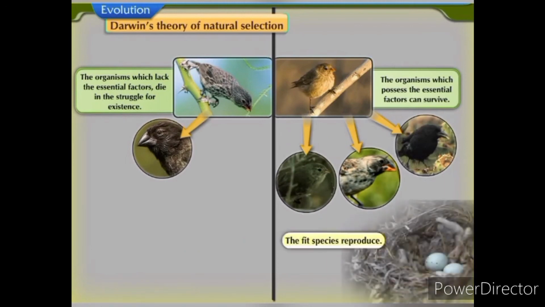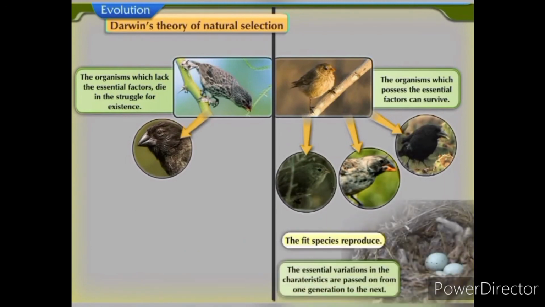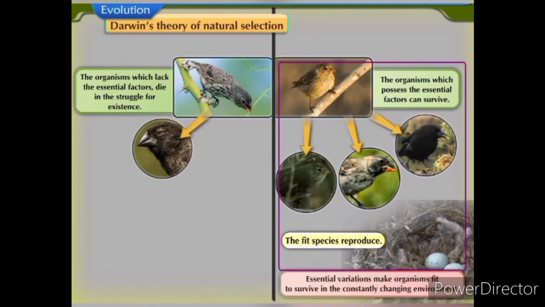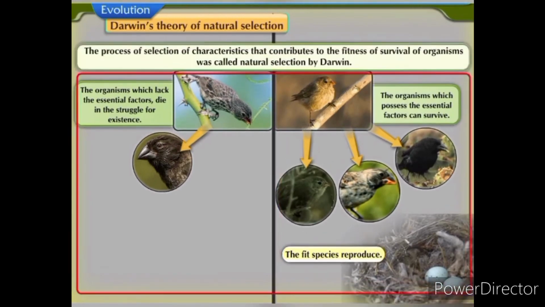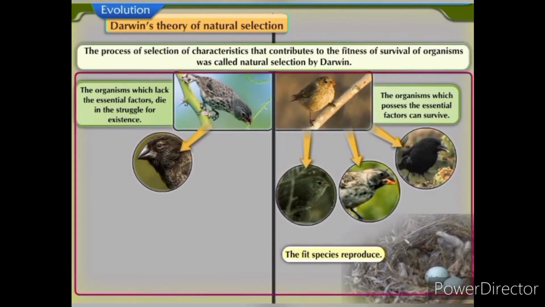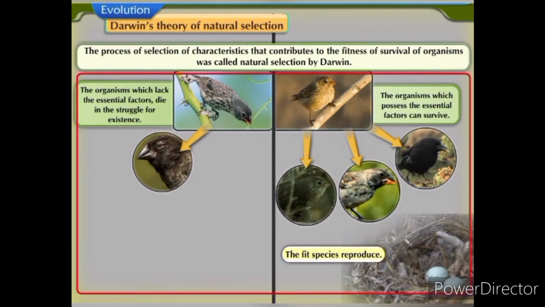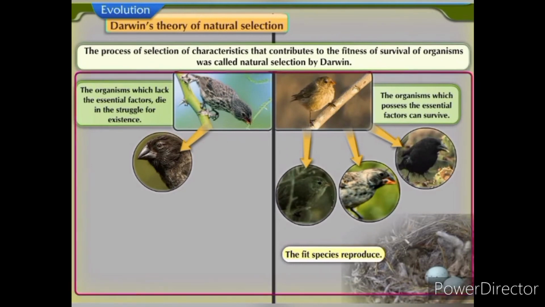The fit species reproduce. The essential variations in the characteristics are passed on from one generation to the next. These variations make them fit to survive in the constantly changing environment. The process of selection of characteristics that contributes to the fitness of survival of organisms was called natural selection by Darwin.